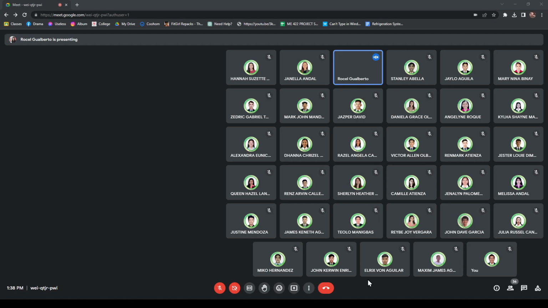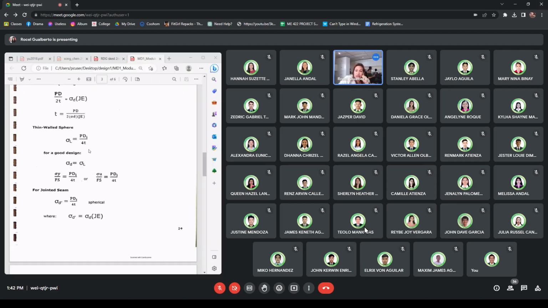Not unlike sa cylindrical, magkaiba. Okay? Magkaiba. Dito, longitudinal and circumferential, parehas, PD over 4T. Yung kanina, it's PD over 2T and PD over 4T, and the bigger stress is yung sa circumferential. So, dito parehas po. Okay? Having the equation PD over 4T.